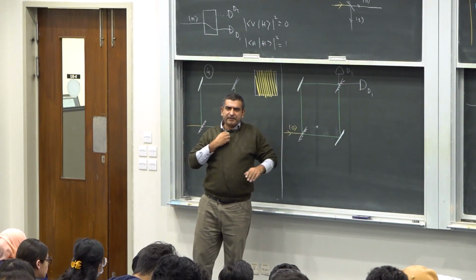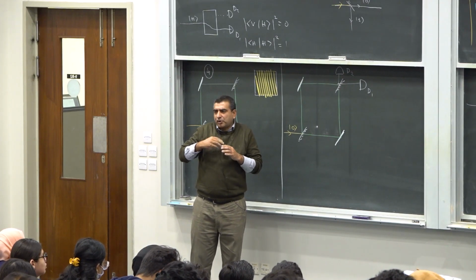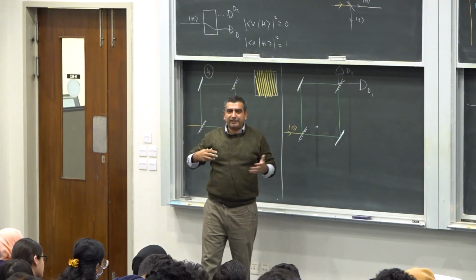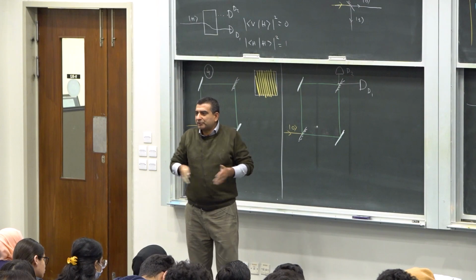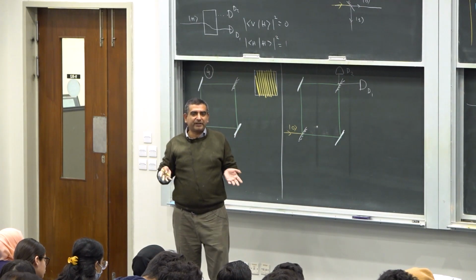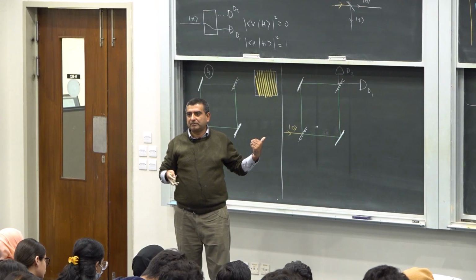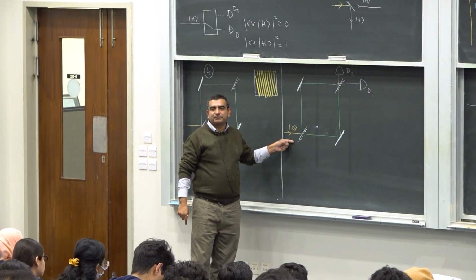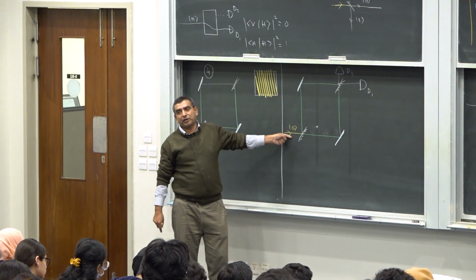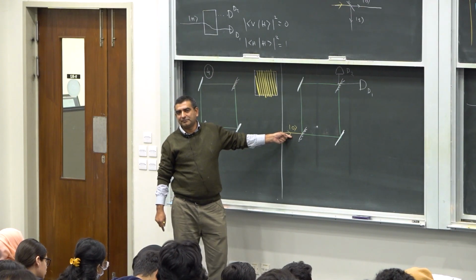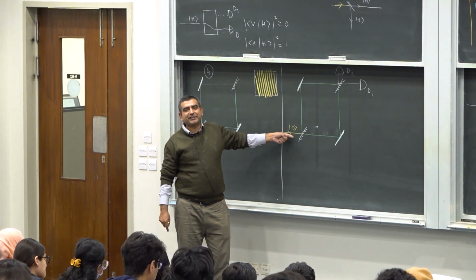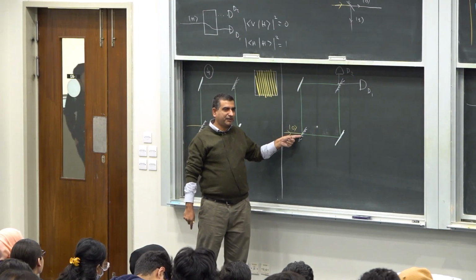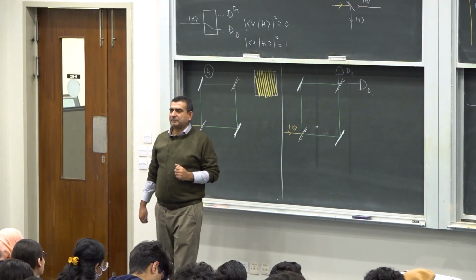Now this experimental arrangement does not care about polarization, because there is no element that deals with polarization. So it's oblivious of polarization. Polarization is not a relevant degree of freedom in this setup. However, if I were to introduce polarization into this setup, let's make this photon diagonally polarized. So the photon comes in the path ket 0, but it's also diagonally polarized.